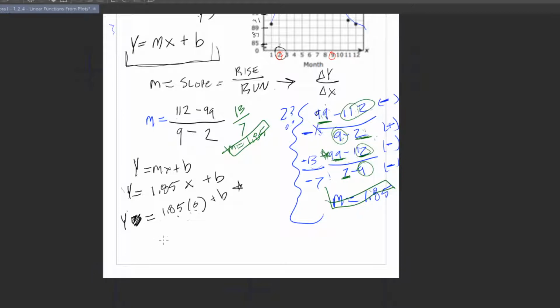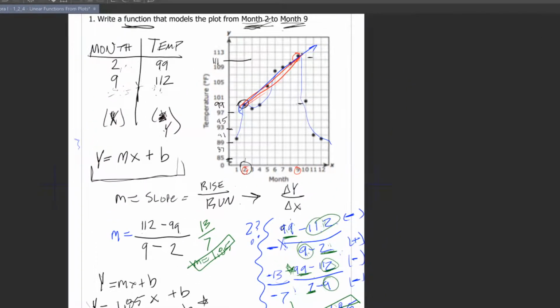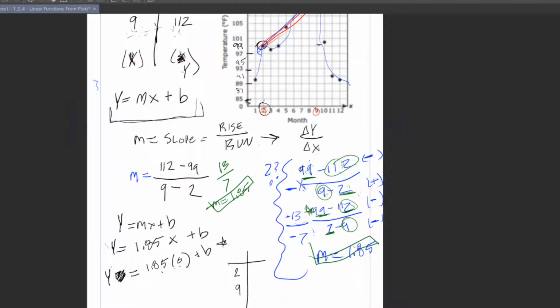And so let's plug in the other points in the equation, which I will translate down here. And we have month 2 and month 9, right? And we have, I believe that was 99 and 112. Yes. 99 and 112. This is x, this is y.